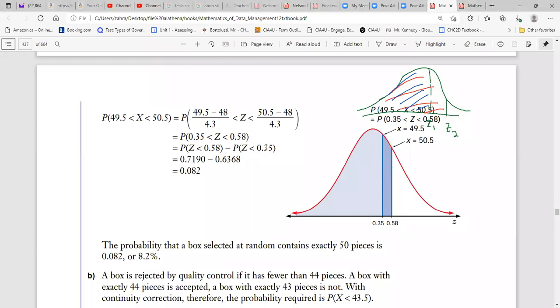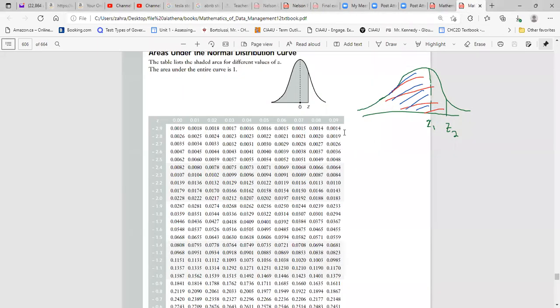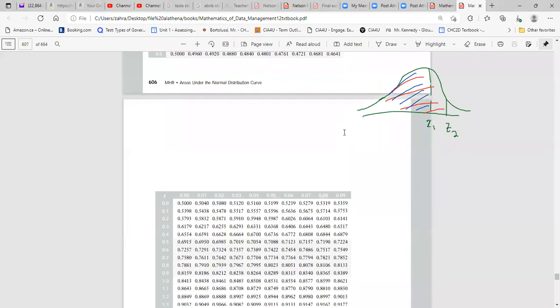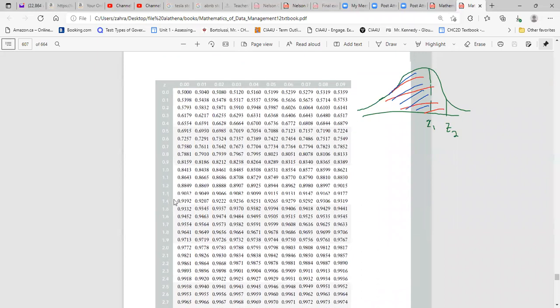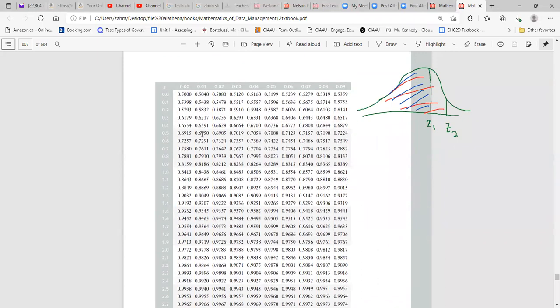Going to the z table, the area less than 0.58 is 0.719, as you see.